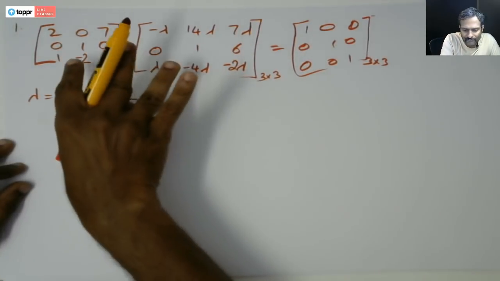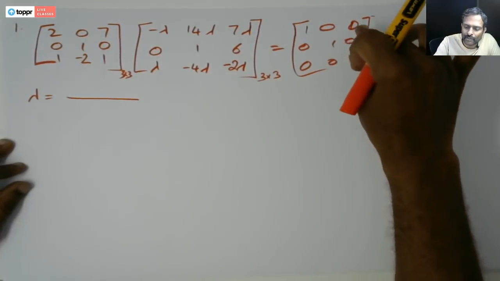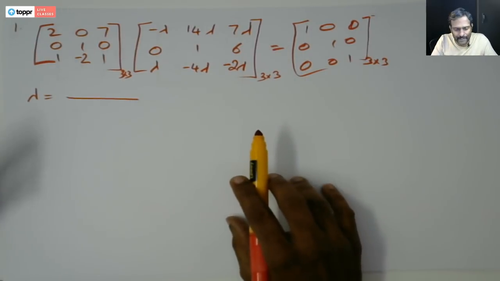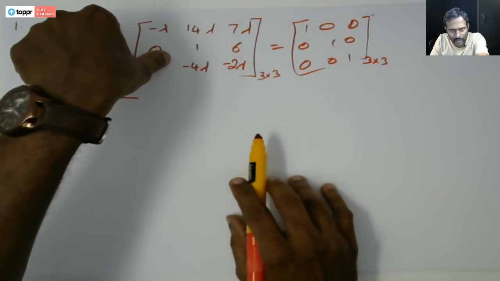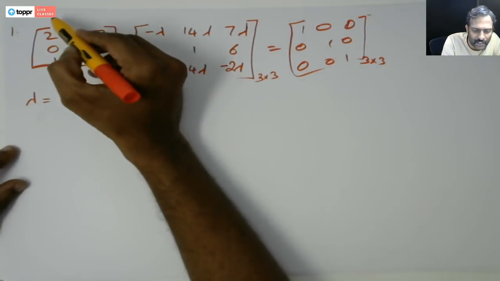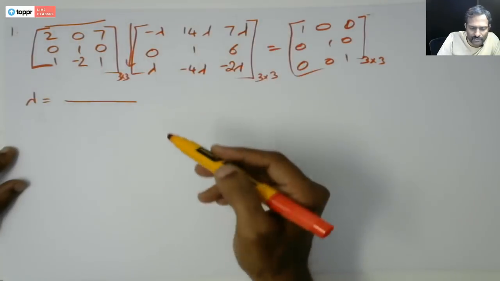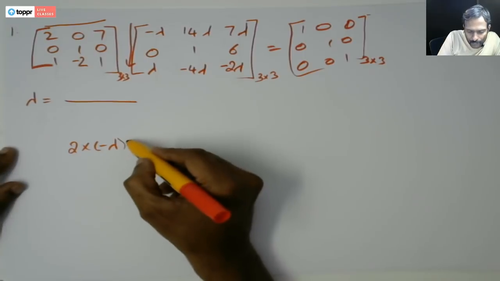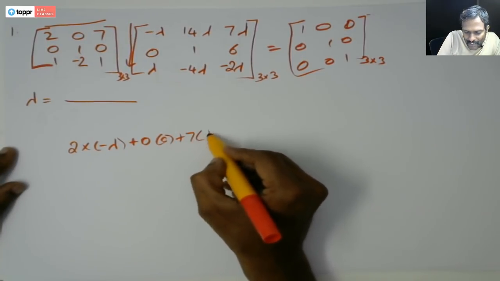When you multiply, the product should be equal to the identity matrix. When we are comparing two matrices, we already learned that you have to compare the elements. I'll take the first element of this product and equate it to 1. Then I can find the value of lambda easily. The first element is the multiplication of the first row with the first column: 2 times minus lambda plus 0 times 0 plus 7 times lambda.